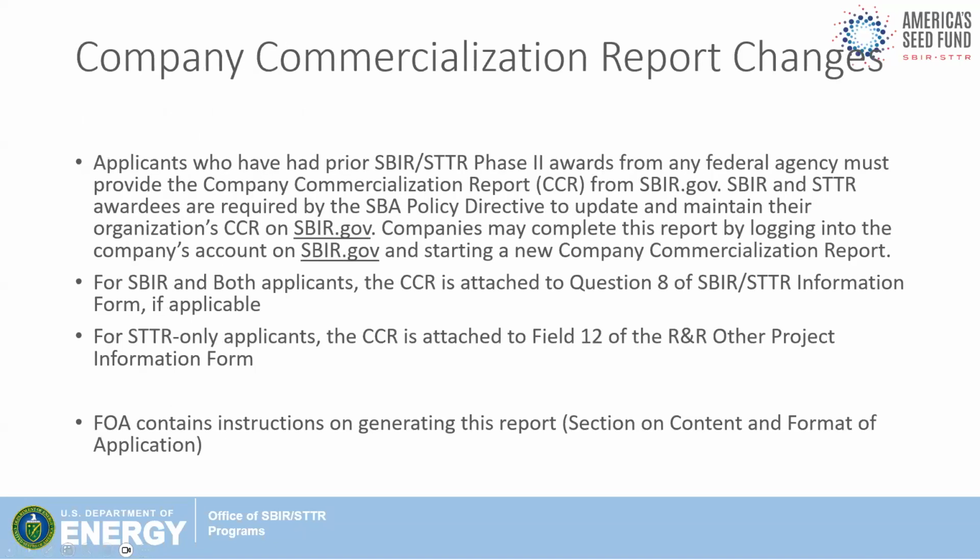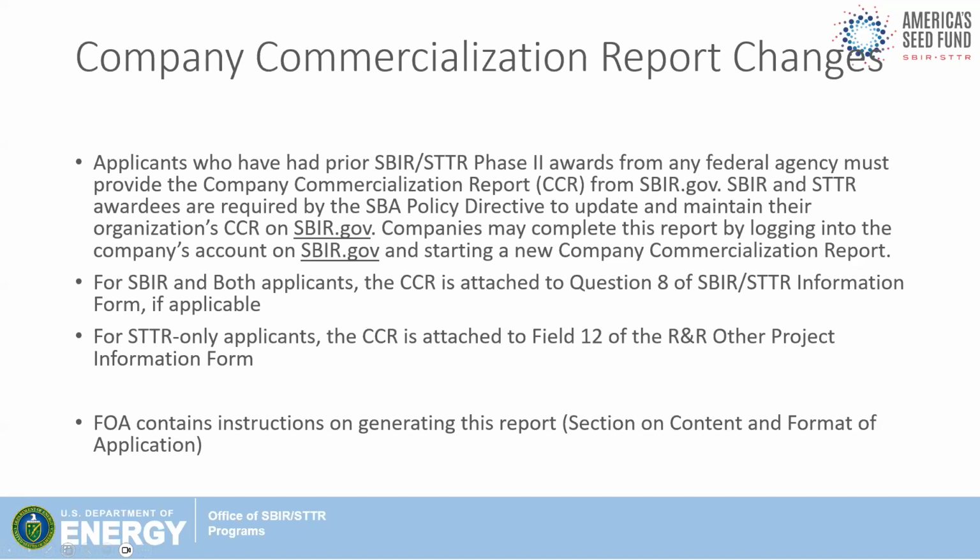I do also want to point out, perhaps depending on when you got your first phase 2, the way we're collecting your commercialization history, so if you've had prior SBIR, STTR phase 2 awards from any federal agency, not just DOE, you must provide the company commercialization report from SBIR.gov.